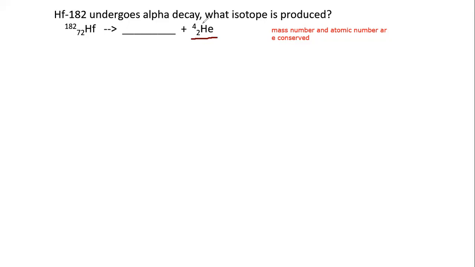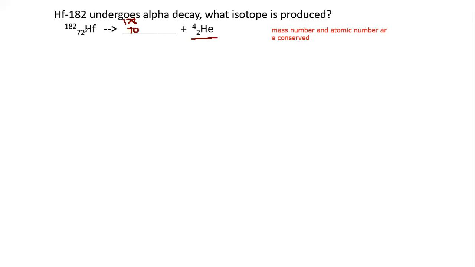And so you see here, alpha particle, which is similar to the helium nucleus, has a mass number of 4 and an atomic number of 2. So that means our unidentified product is going to have a mass number of 178, because 178 plus 4 gives us 182, and it's going to have an atomic number of 70, because 70 plus 2 gives us 72.